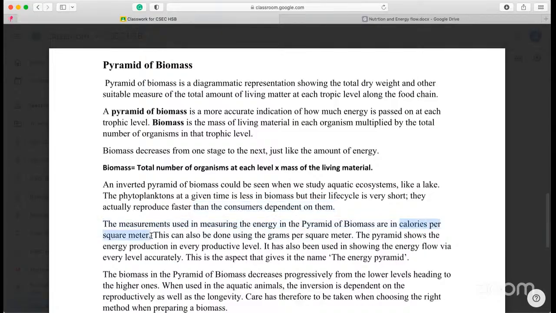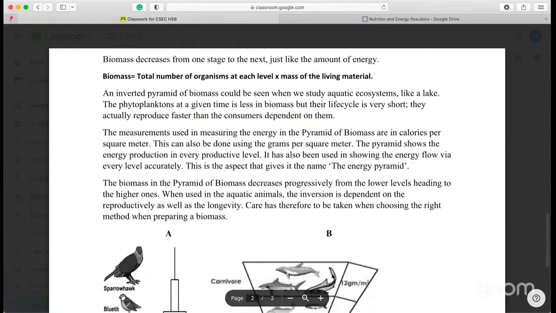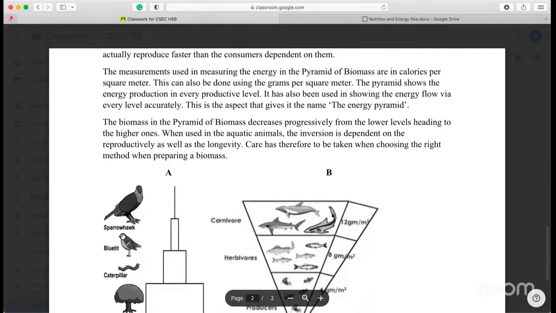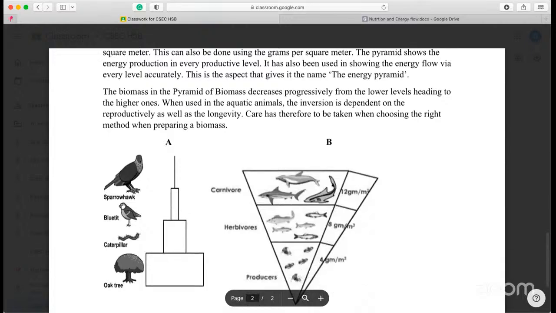It could also be given in a weight per meter, a mass per meter. Grams per meter, kilograms per meter. So this pyramid shows energy production levels at each level, and it's a good indicator to make consensus about a particular area.